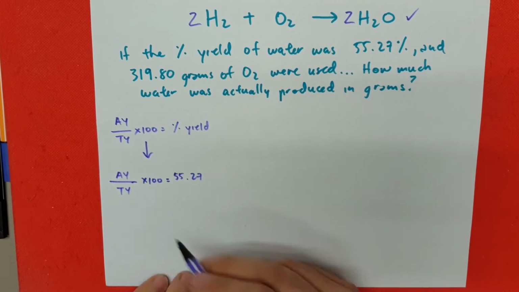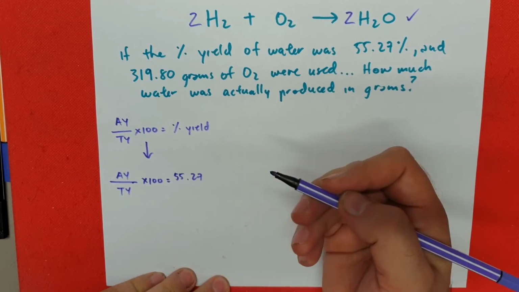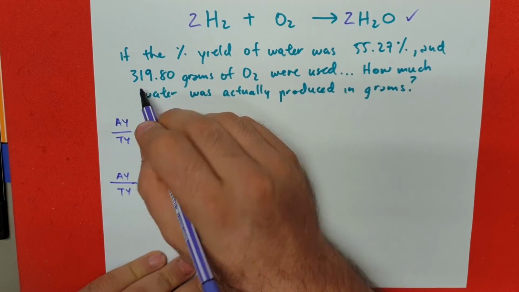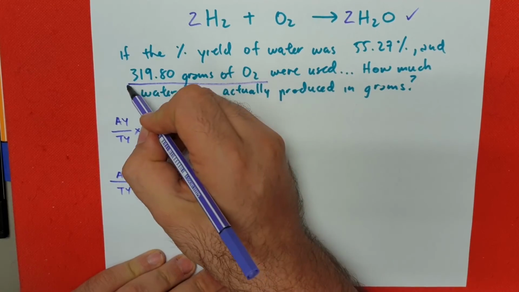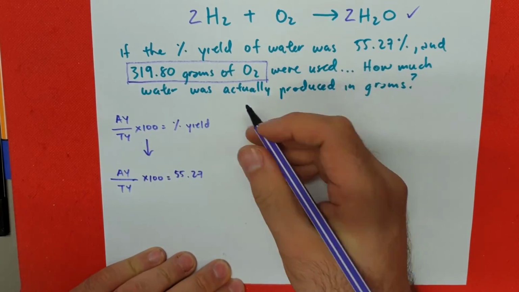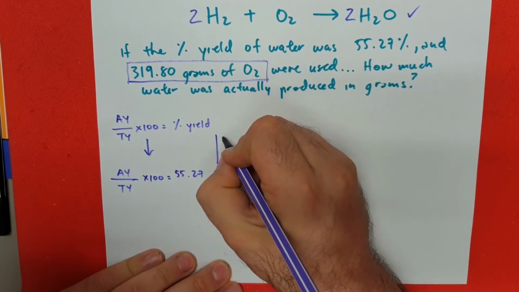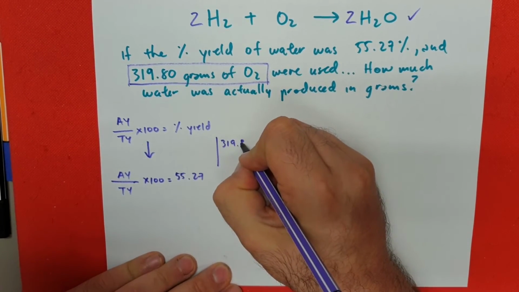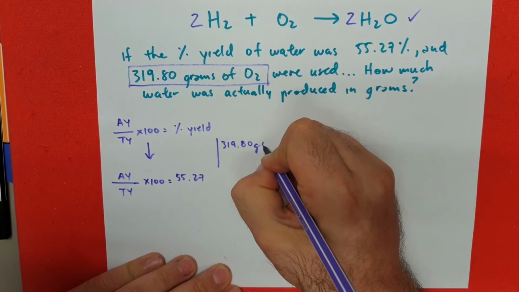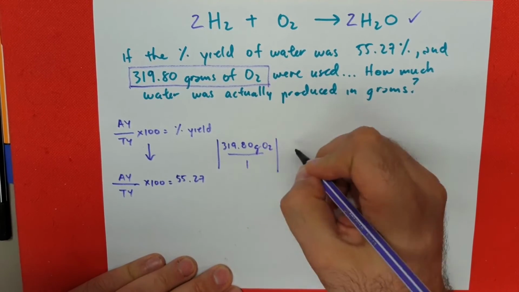So in order to get that theoretical yield over here, what do I need to do? I need to take this given, which is one of the reactants involved, and we're going to take a mass problem, and we're going to say 319.80 grams of oxygen over 1.